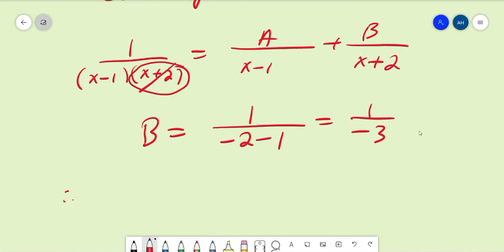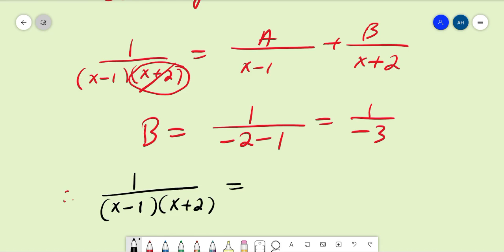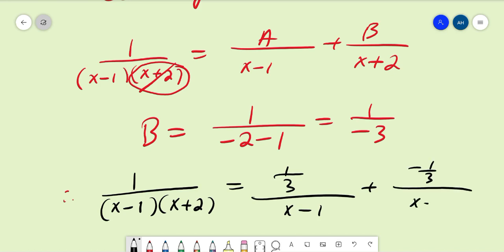Therefore, 1 over (x minus 1)(x plus 2), we already found that a is equal to 1 over 3, just now we got it, over x minus 1, plus b, that is negative 1 over 3 over x plus 2.